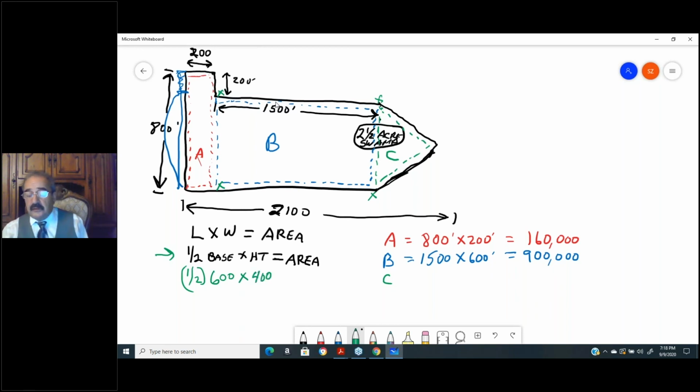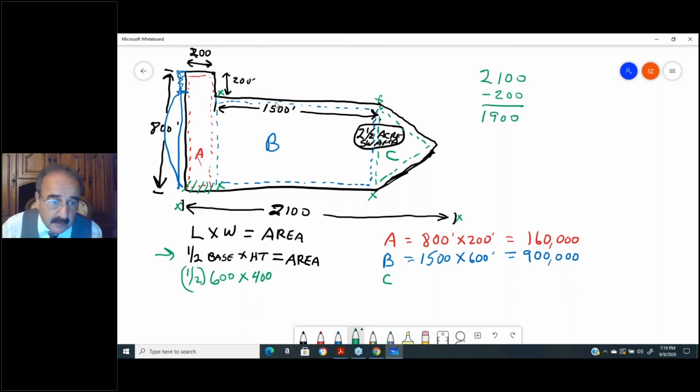How do I get to 400 feet? Well, this is 2,100 feet from the X over here to the apex of the triangle over here. This A section here is 200 feet, where I'm marking this on an angle. Minus the 200 will leave me 1,900 feet. The B bottom part is 1,500 feet. I got that from up here, 1,500 feet.